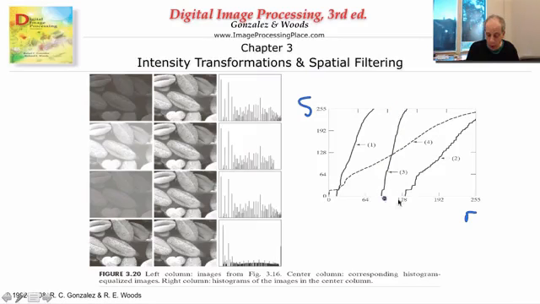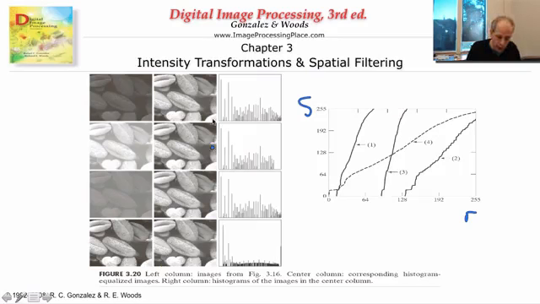They were all around here to start from, and we see that it actually occupies the whole range. The original histogram occupied a very narrow band with very low contrast. It's now mapped to the whole spectrum from 0 to 255, and we see that in the map as well.